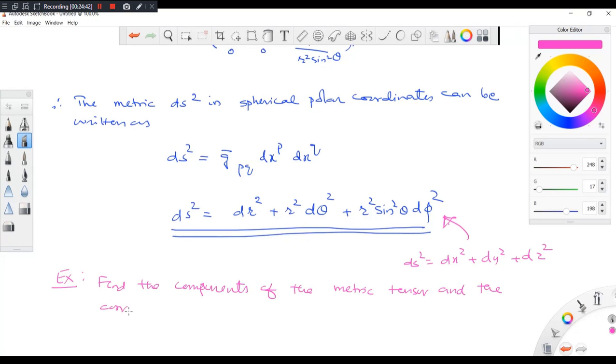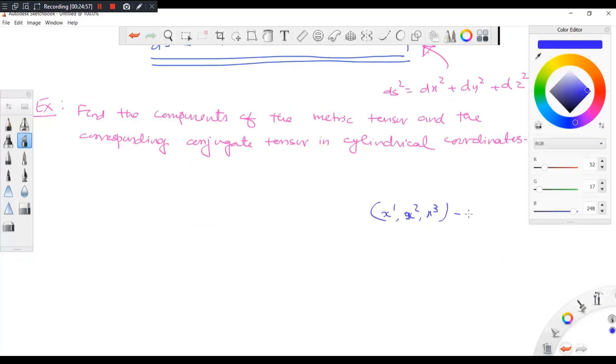Okay, so you know what cylindrical coordinates are. So there, I just give a hint. Take x1, x2, x3 as Cartesian coordinates. And x bar 1, x bar 2, x bar 3, you take as cylindrical coordinates.